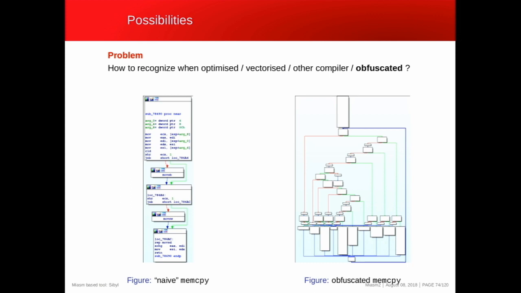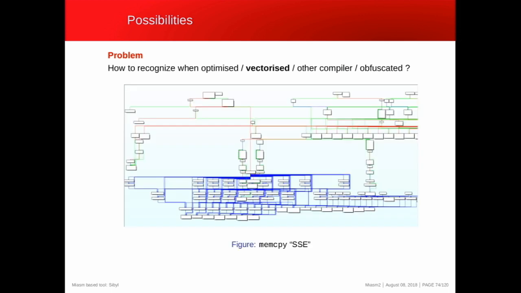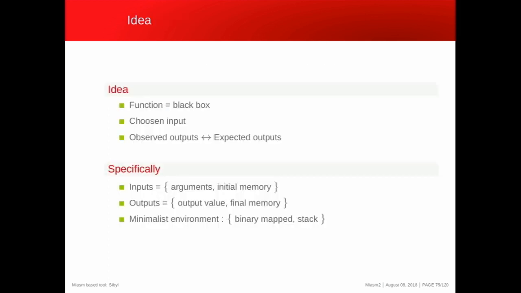For instance, if it has been written by an intern, or you can have a vectorized version with the SSE extra. So what we'll do is actually consider the function as a black box.